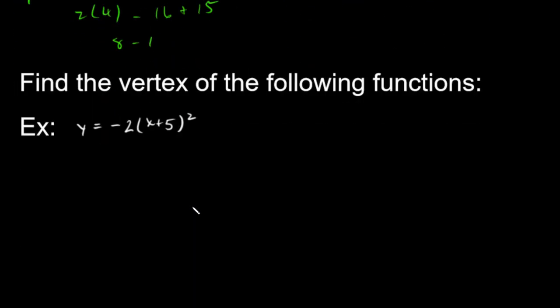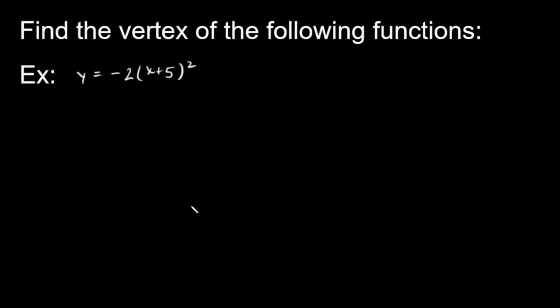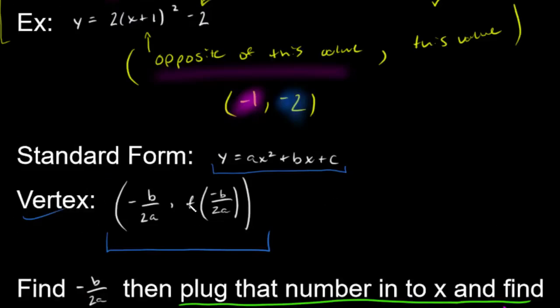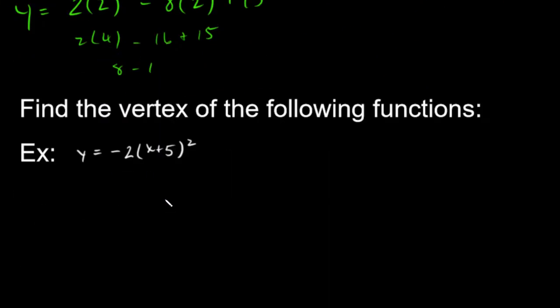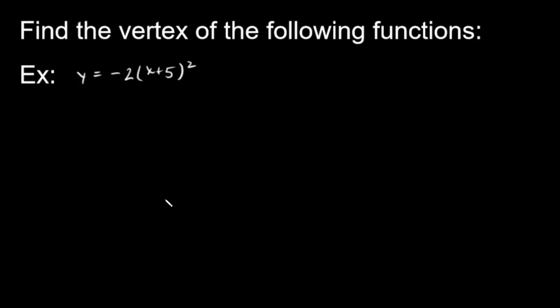All right, so find the vertex of the following function. This is in vertex form. So you go ahead and tell me, can you tell me the vertex of this function? Look at this, and then look at the example. Look at your notes.